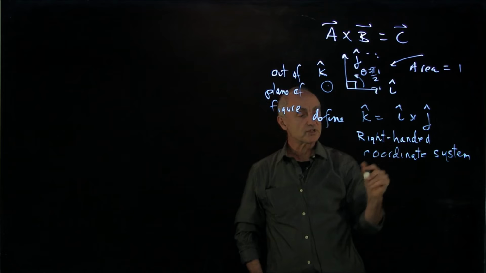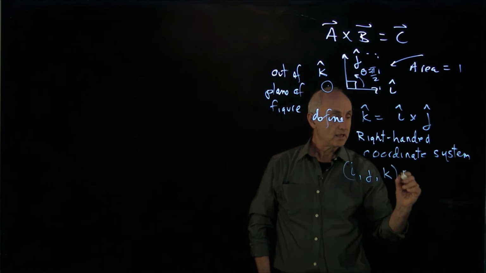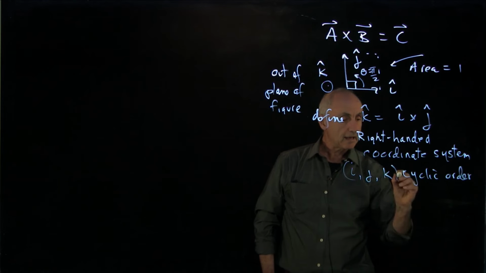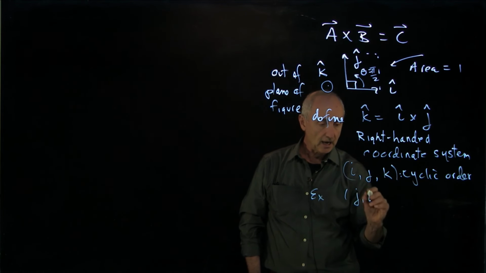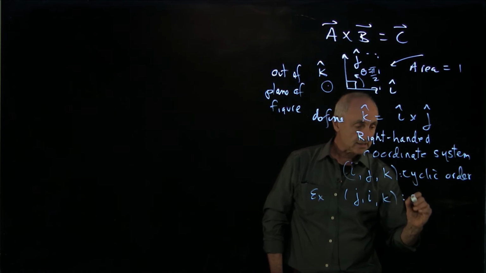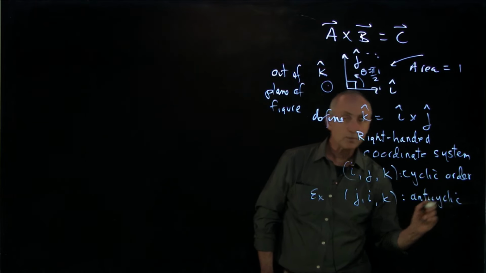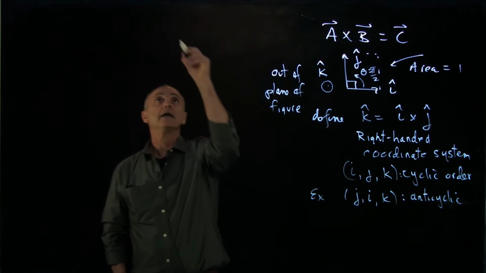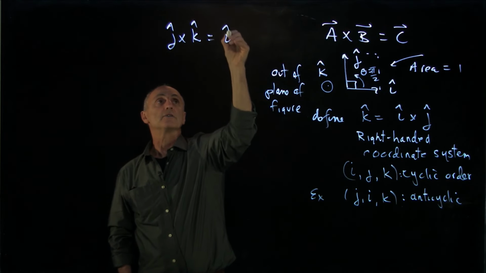Now, there's something very nice about this cross product definition. Notice that there's a cyclic order. i, j, k is a cyclic order. And if you interchange any two, for example, j, i, k, that's anticyclic. And the cross products satisfy this cyclic rule in that j hat cross k hat is i hat.